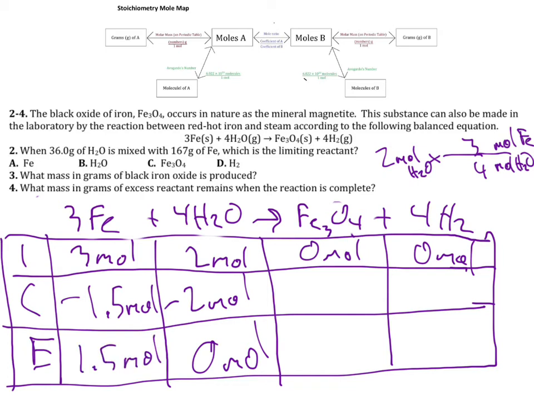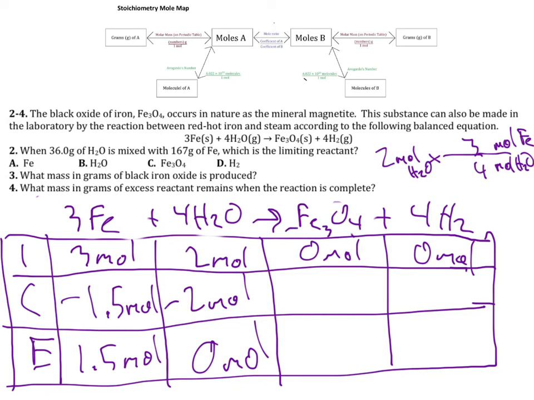So this right here is telling us that this is what's limiting. This is the limiting reactant. And so since this is the limiting reactant, this is what we will use to calculate everything else. Because we know that these 2 moles will be consumed. This is a 4-to-1 ratio.